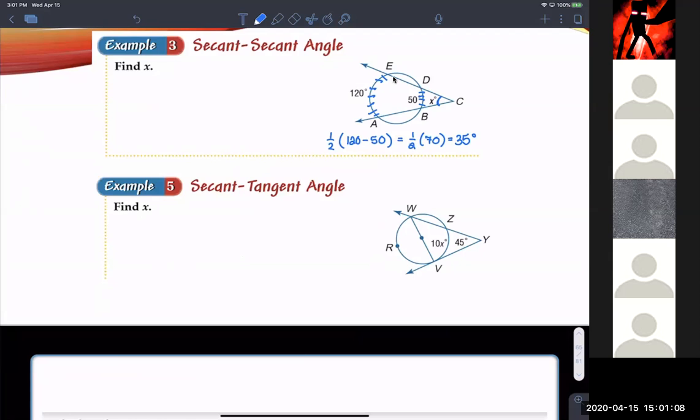Okay, find x. So we're trying to find the measurement of this angle right here, of this arc right here.